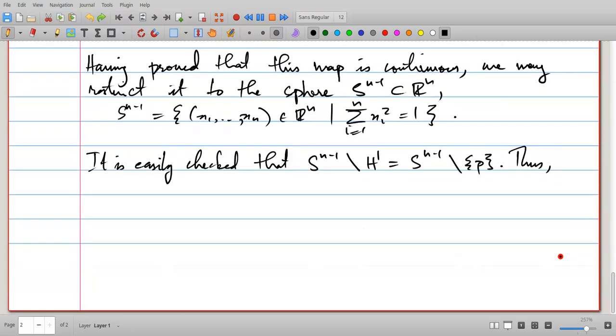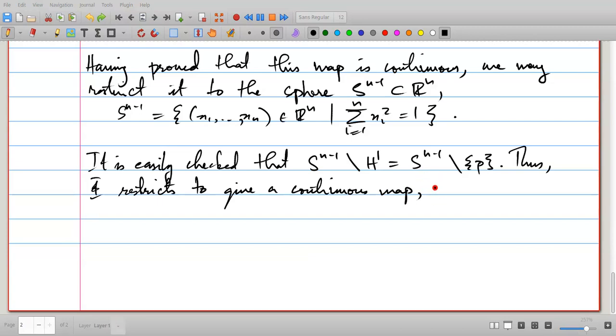Thus, when we give Sn minus 1 minus p the subspace topology, phi restricts to give a continuous map, which we again denote by phi.